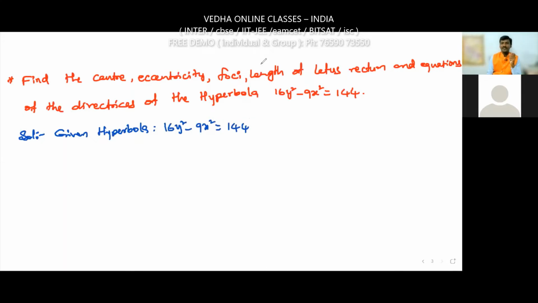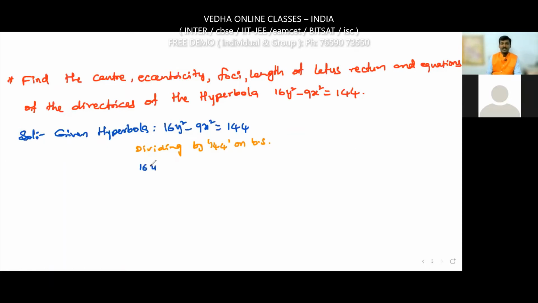Okay, we divide by the same constant. So dividing by 144 on both sides. For each and every term, we have to divide by 144. So what we get if we divide by 144?